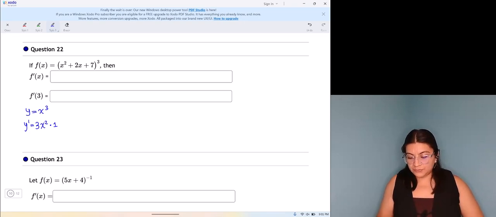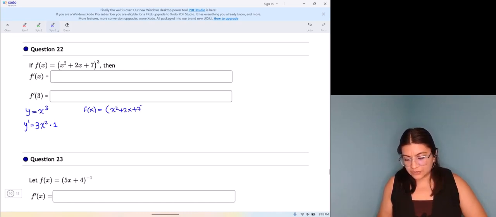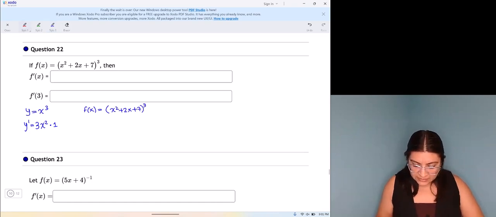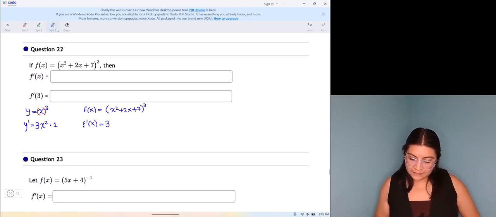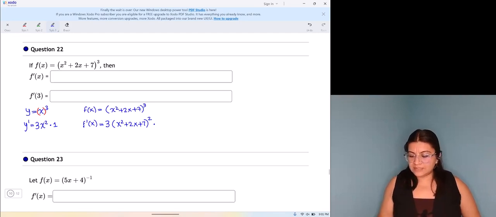Now, if you have the chain rule like this one, f of x equals parentheses x squared plus 2x plus 7 to the third, just like this one here, but inside the parentheses was just x, then the derivative is going to be 3 times the inside of the parentheses to the second power times the derivative of the inside. In this case, it matters because the inside is no longer x, it's a function.